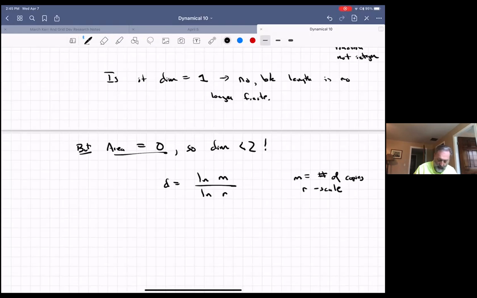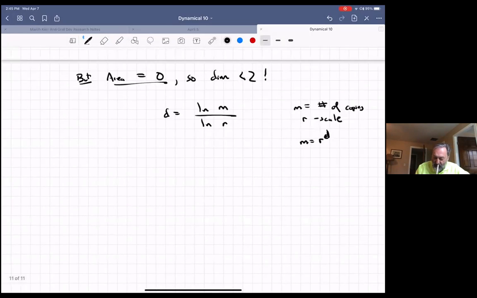So the idea is something that has a nice similarity dimension scales by saying that m is r to the d power. Okay, so let's try to understand how that works.